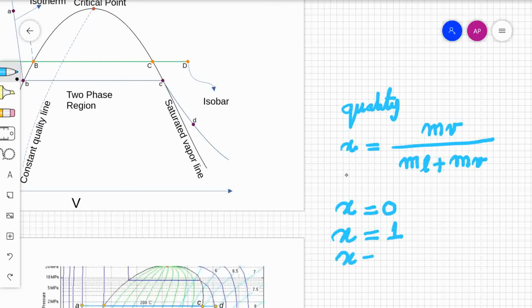If X is equal to 0.5, 50% by mass of the mixture contains vapors. So this is a very good way of knowing, when steam is supplied, whether the steam actually contains liquid droplets, or the steam is completely superheated vapors.